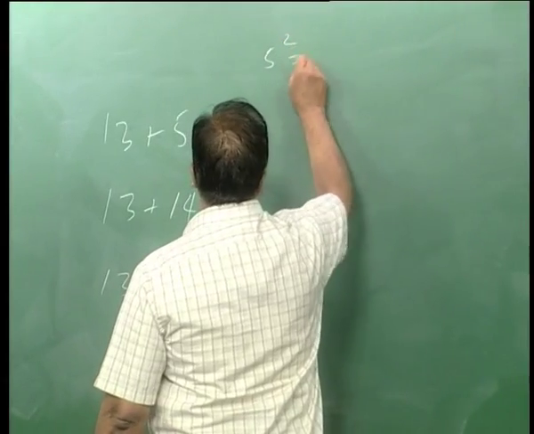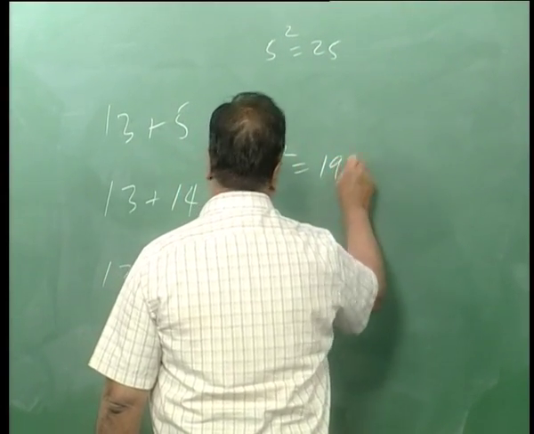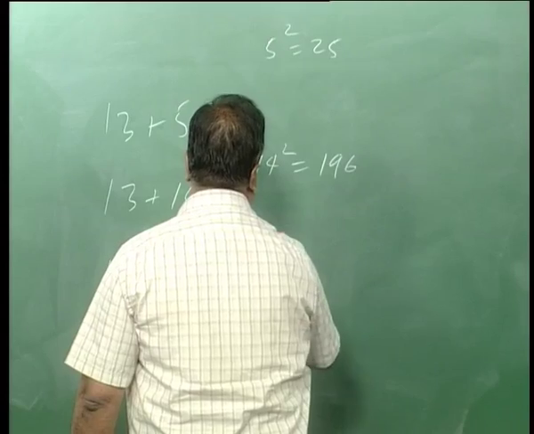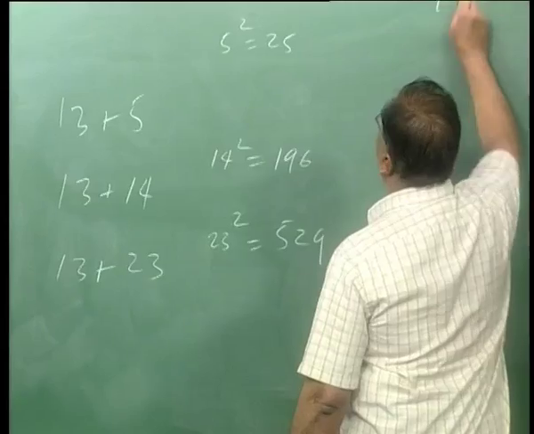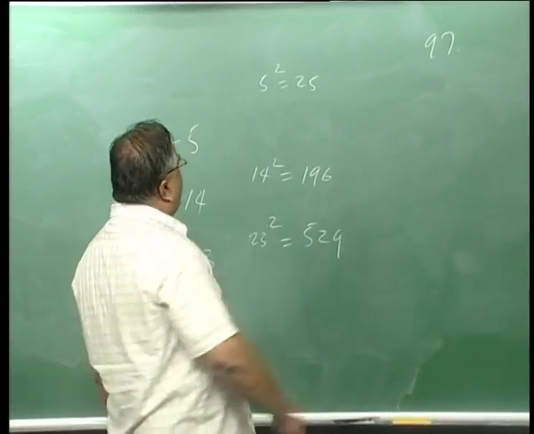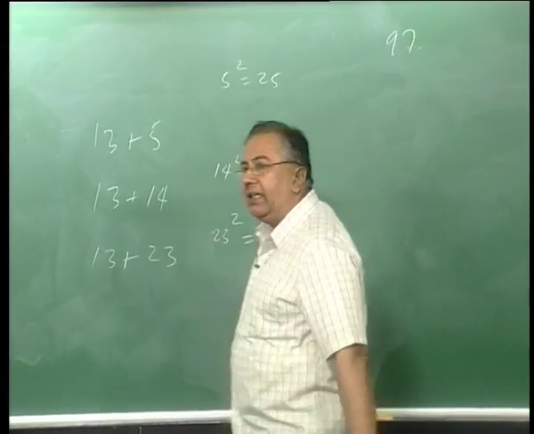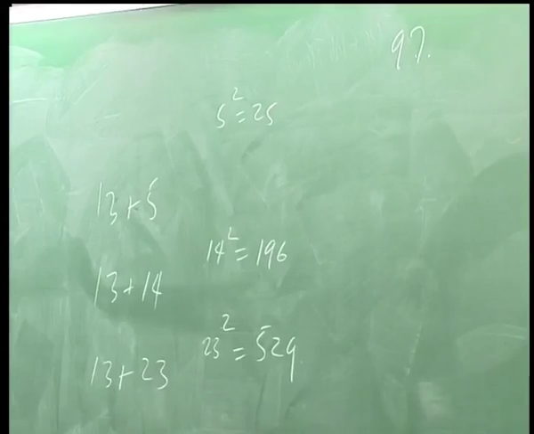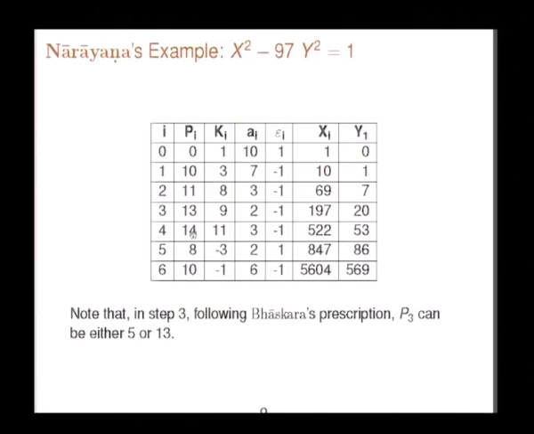Now, 5 squared is 25, 14 squared is 196, 23 squared is 529. Now, your number is 97. So, if you proceed the Bhaskara way, you can see that 25 is closer to 97 than 196, right. So, if you had gone the Bhaskara way, at this stage you would have had to put 5, nothing would have been lost. I mean, eventually you will get the solution, it is just the specification of the algorithm.